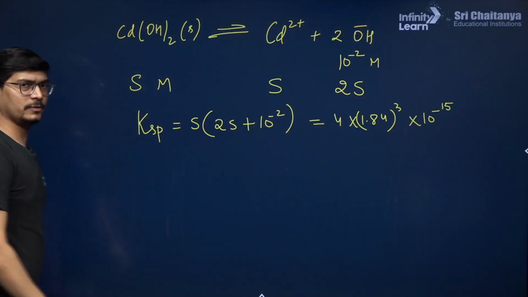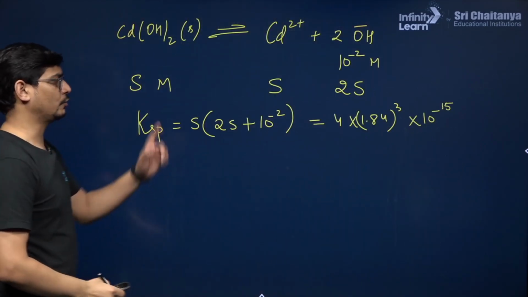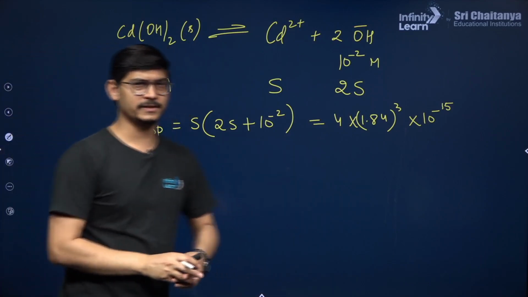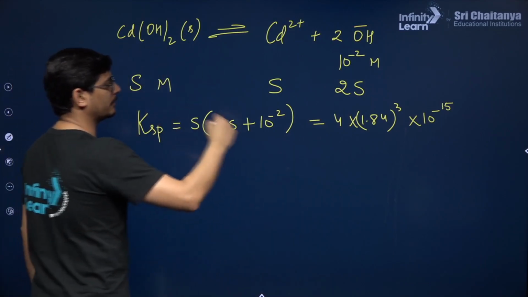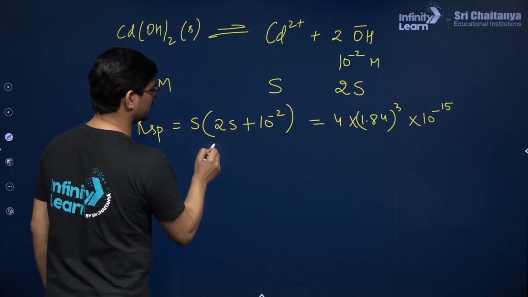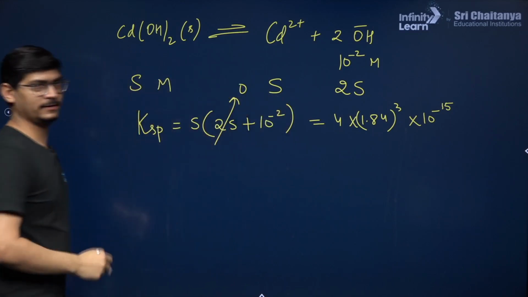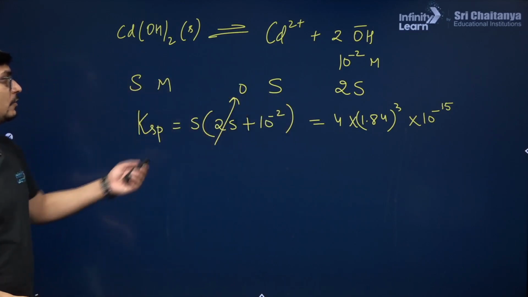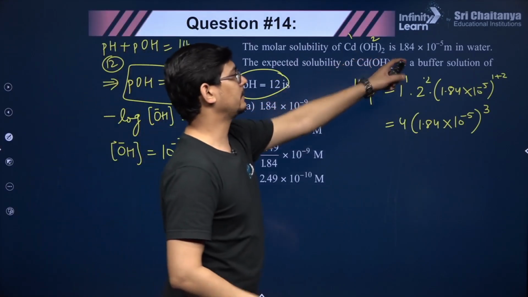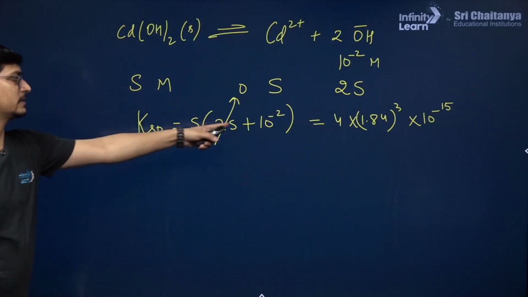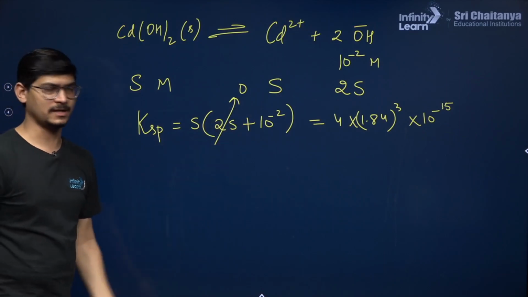Now in these cases you can see the solubility is very small, the solubility product is very small. So in comparison to the concentration of this common ion, we will ignore 2S, right? Because the solubility is very low, 10 to the minus 5, but this concentration is almost 1000 times larger, right?